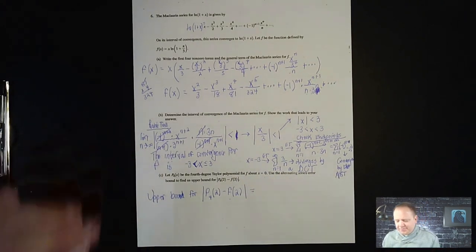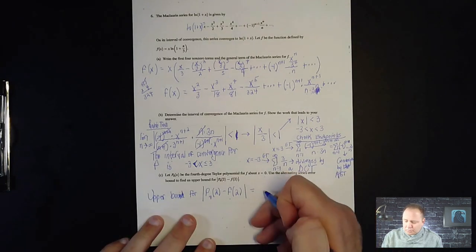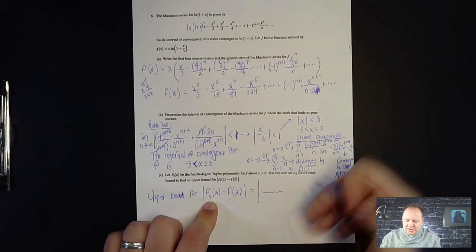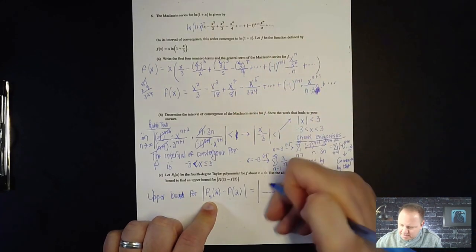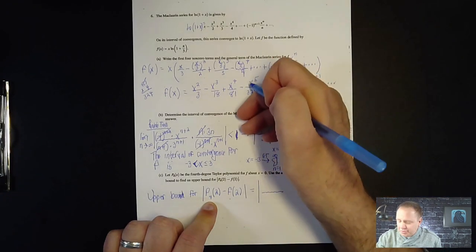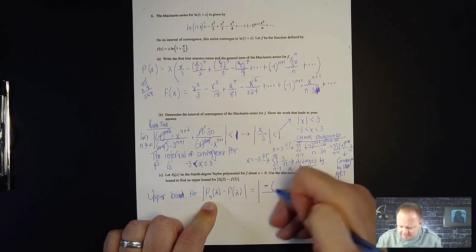Now they're saying, we're not trying to compare it to anything. We're just trying to find the upper bound, right? The upper bound is the max bound. So, again, if I'm using a 4th degree for f, I'm going to use the 5th degree term to plug in 2. But I'm taking the absolute value of that.